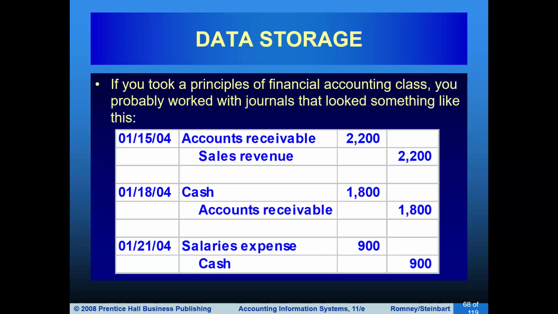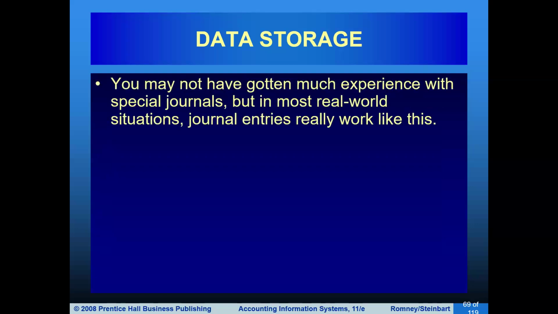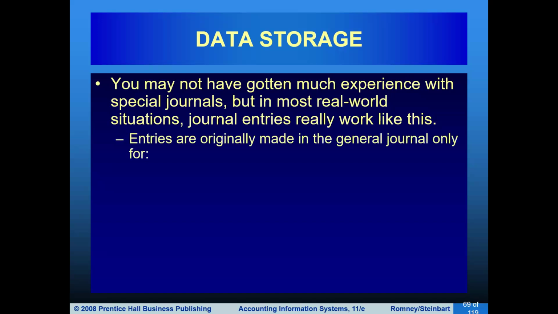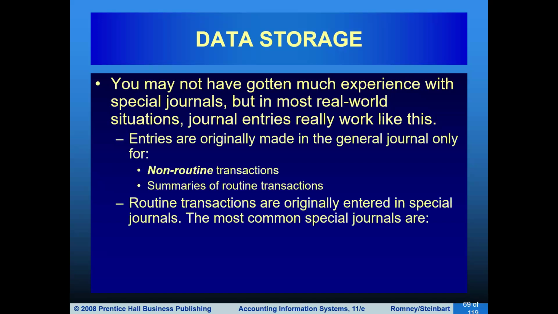Likewise, these are all very simple, right? Accounts receivable debit, sales revenue credit. Then the cash received, otherwise. Likewise, all transactions are recorded in the journals. These are called journals. You may not have gotten much experience with special journals. Those are general journals. But in most real-world situations, journal entries really work like this. Entries are originally made in the general journal only for non-routine transactions.